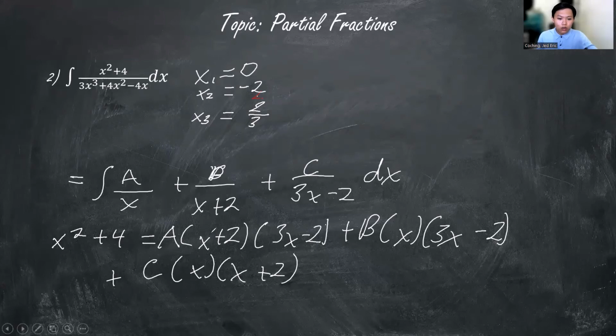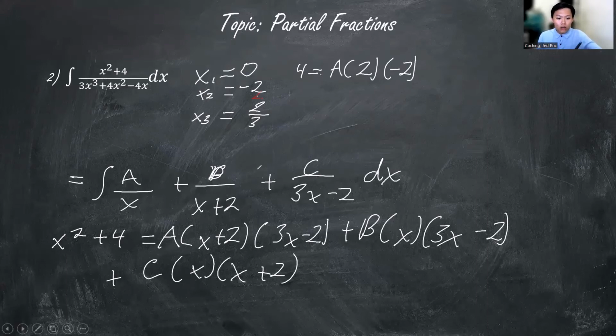So 0, 0, okay, x squared, cancel out these x's, it's going to be just 4 equals a times 2 times negative 2.